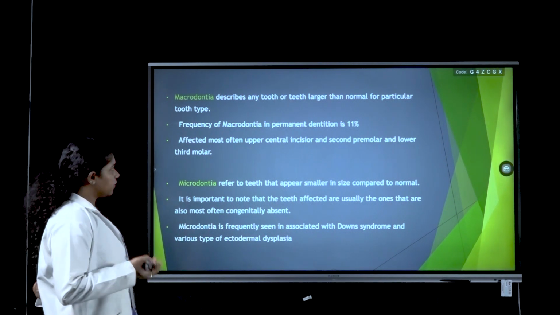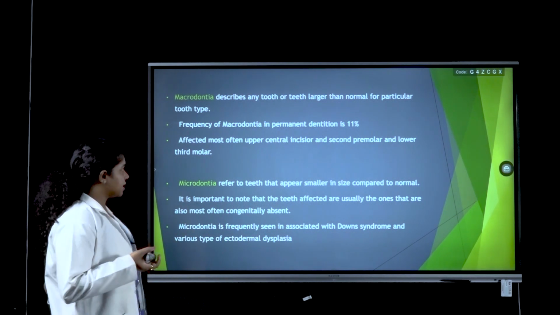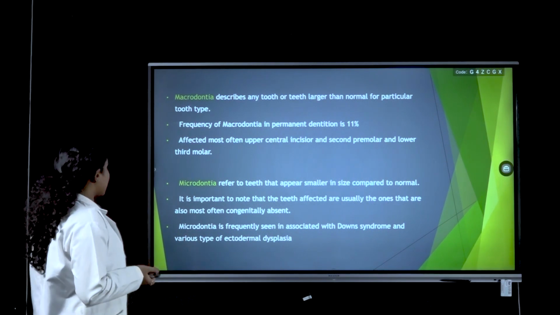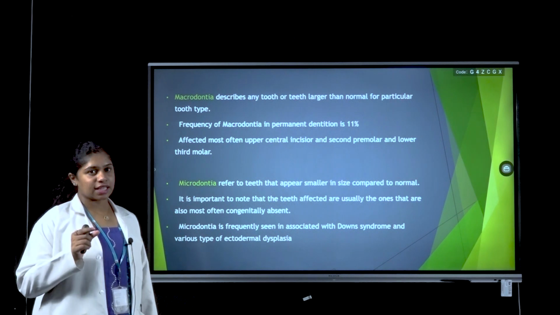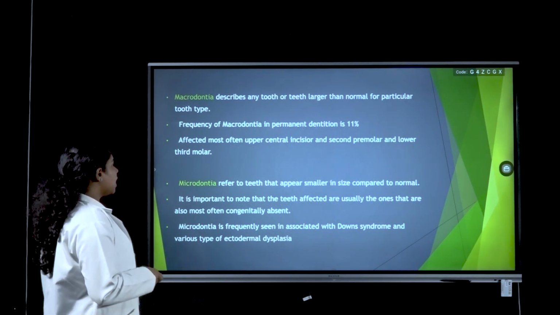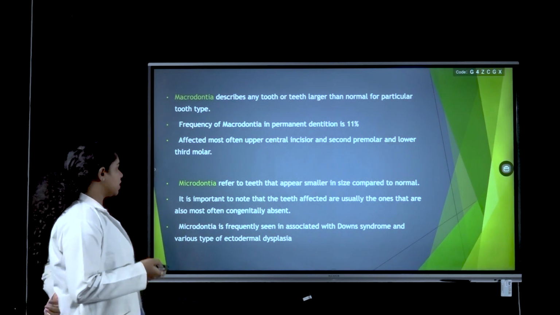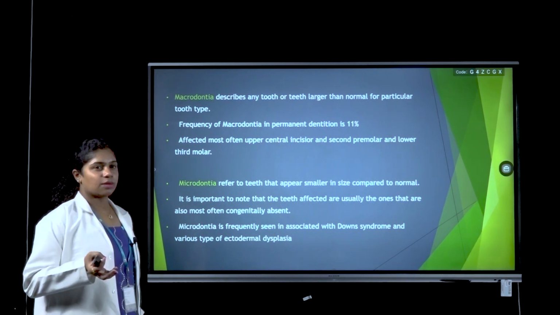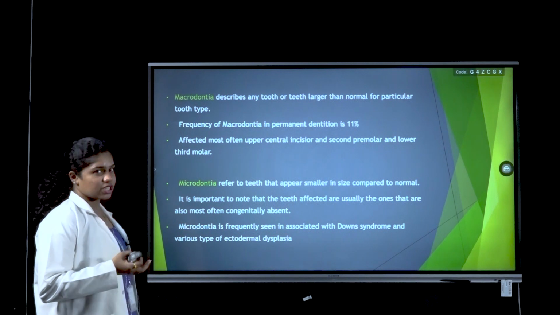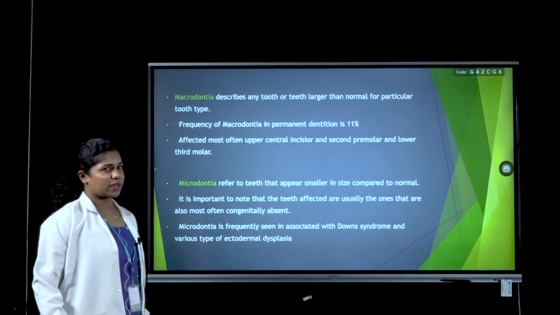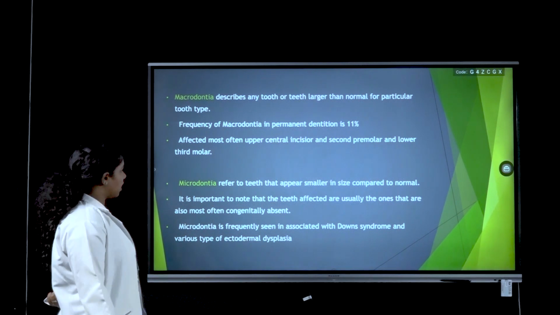Most often affected are the upper central incisors and second premolars, and lower third molars. Microdontia is smaller than the normal teeth size. It's important to note that the teeth affected are usually the ones that are most commonly congenitally absent. It is most commonly associated with syndromes like Down syndrome.